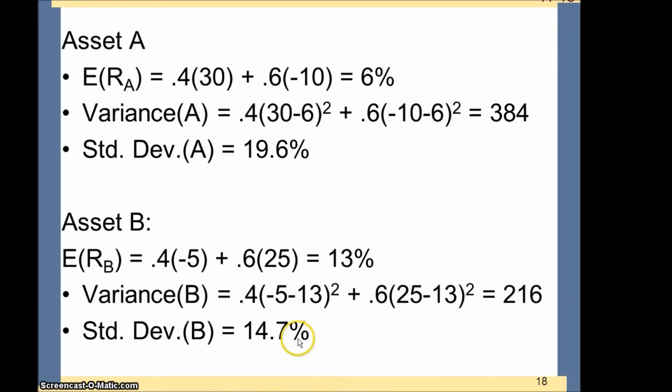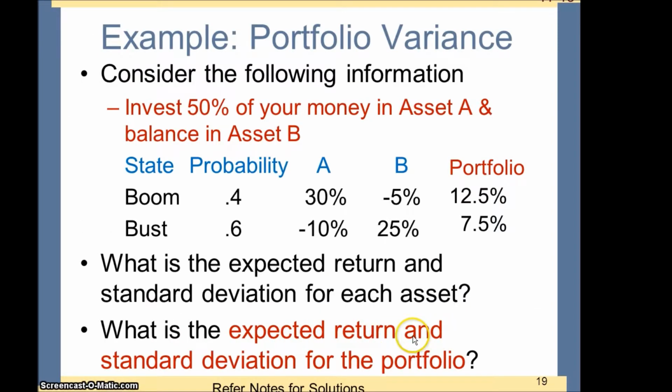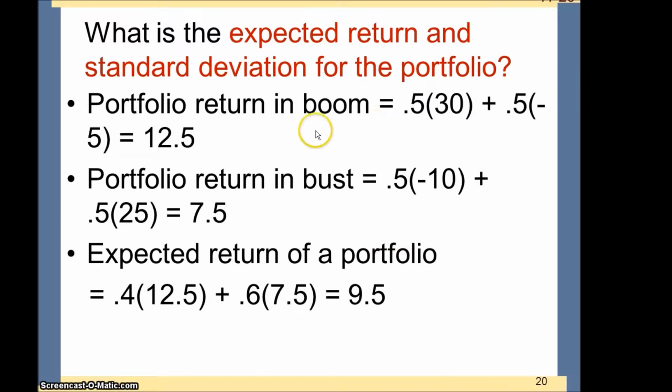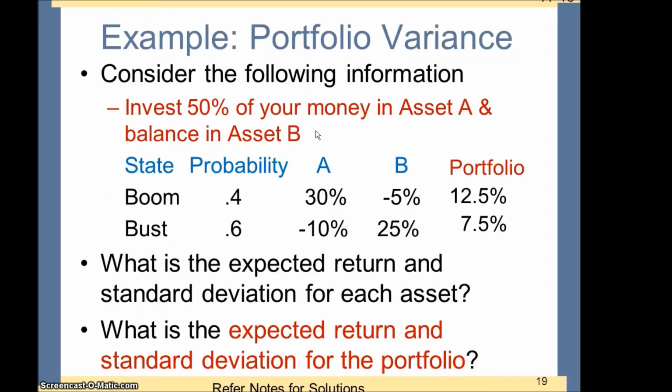There is the expected return and standard deviation for the portfolio. So you have to use the portfolio formula. Now, let's see. This is the portfolio. In our portfolio, we have two stocks, stock A and stock B. So how do we calculate?